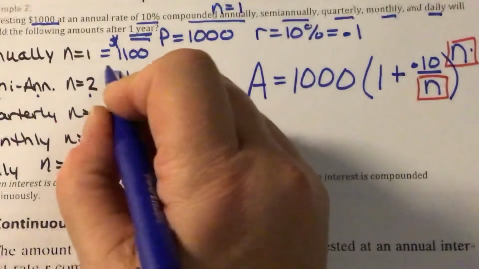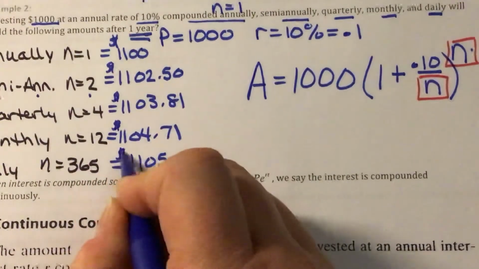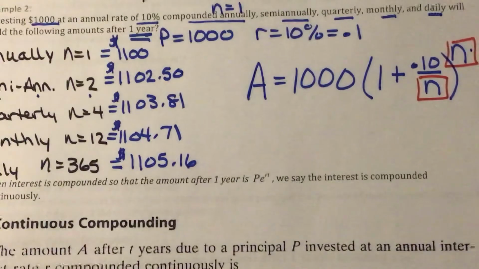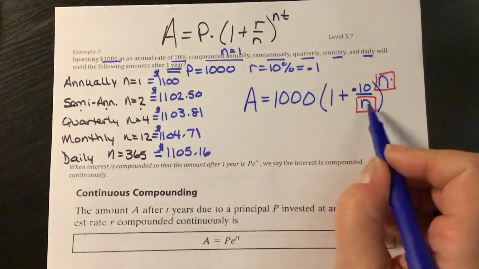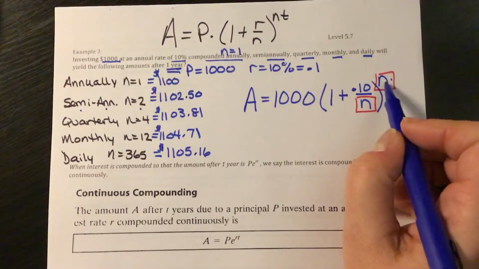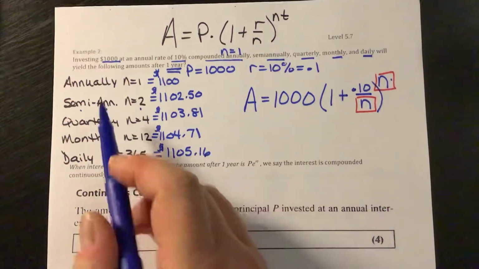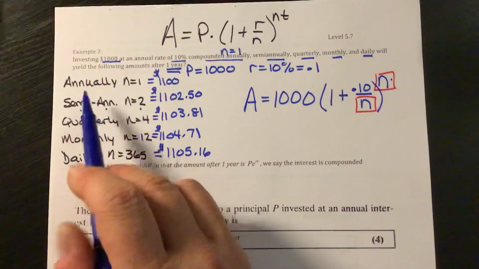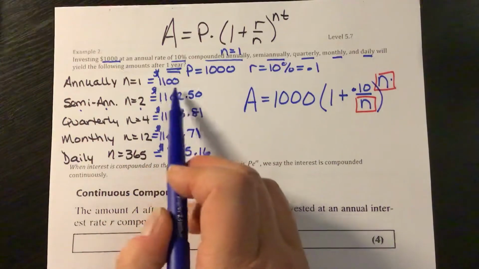Okay, so the more times, and this is all money, so I'm just writing dollar signs there, the more times I do those calculations, my exponent gets higher, and that's where I'm getting an increase. So if I just calculate 1 time during the year, my interest is $100.